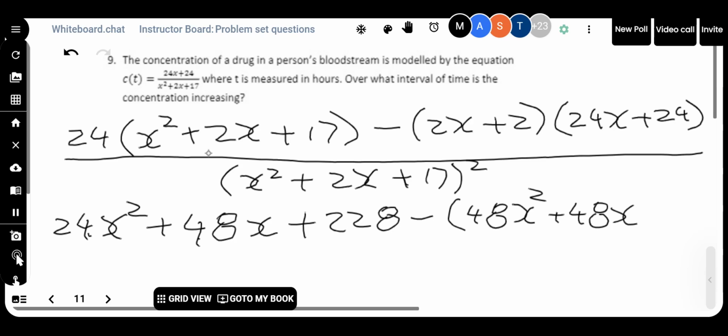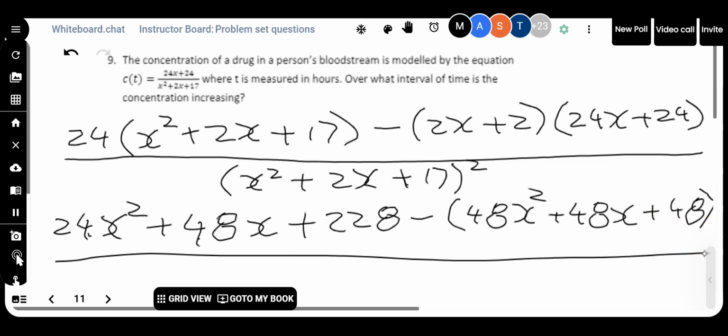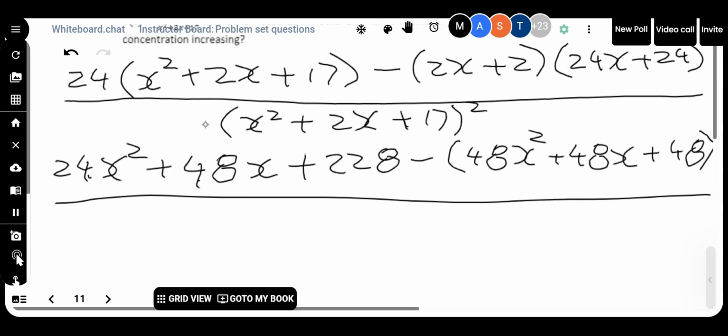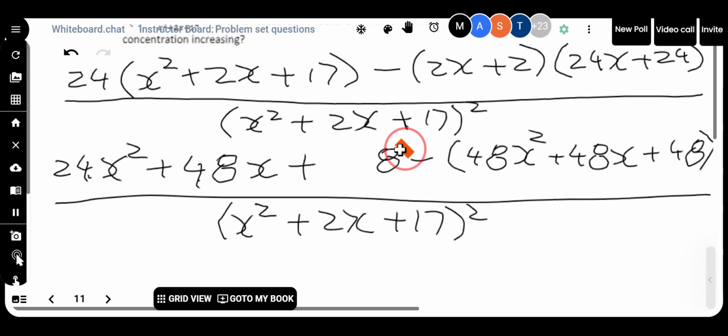It's 24 plus 48. I don't think we're going to be able to finish this. I'll just put this other line here quickly: x squared plus 2x plus 17 squared. And of course, I'm now hearing I need to change this to 408. Thank you.